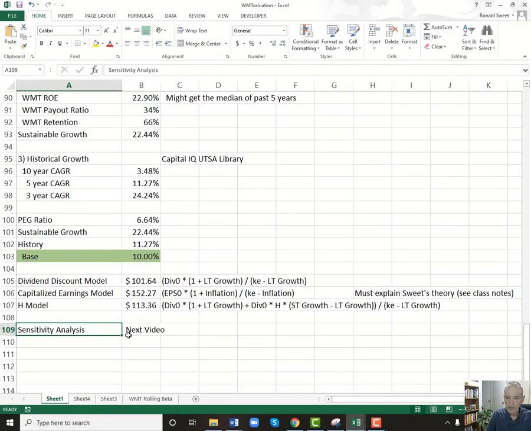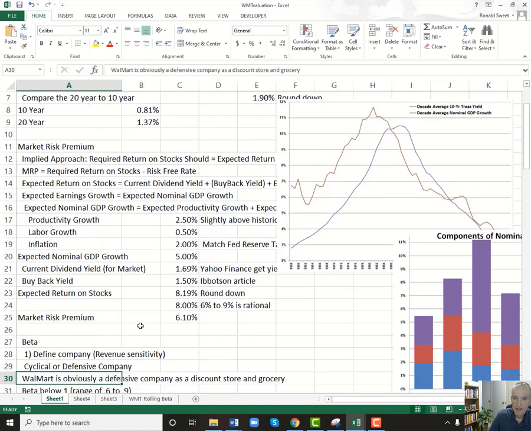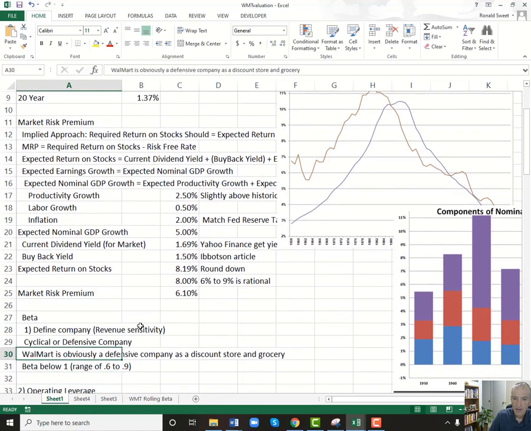Now we're going to move on to the sensitivity analysis, and so let's look at our assumptions for Walmart. Let's put them all back together in one place so we can somewhat understand where we're going to go with the sensitivity analysis. We decided that our market risk premium and our risk-free rate, we've got those decided.